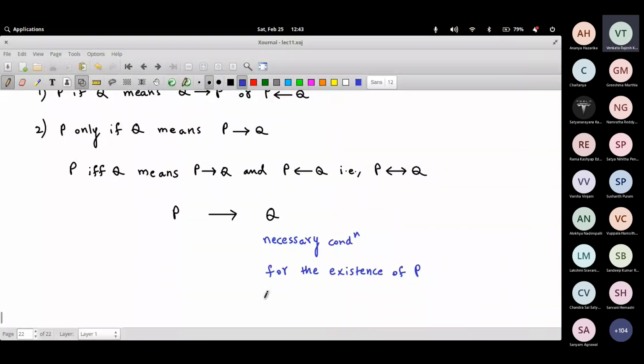For example, fire. Whereas P, like if you take the example of smoke, smoke is not the cause of fire. Okay. But smoke helps us in inferring that there is fire.